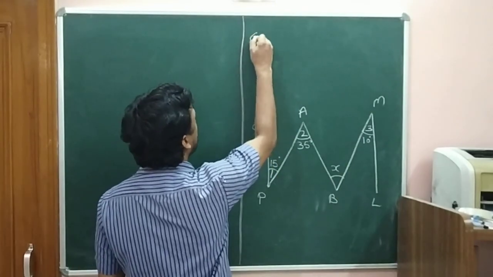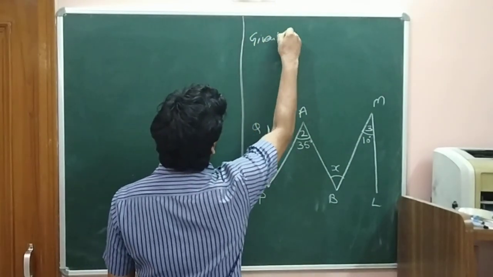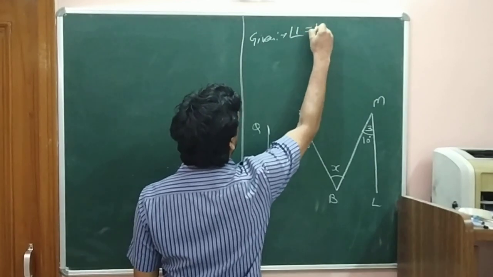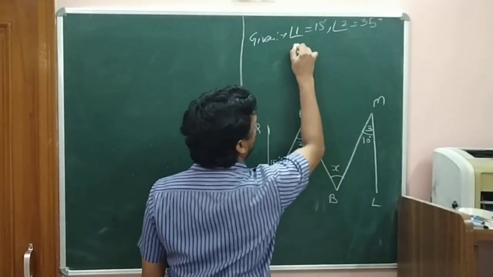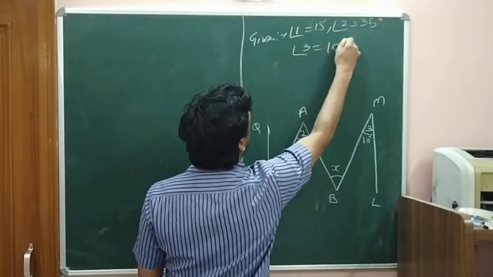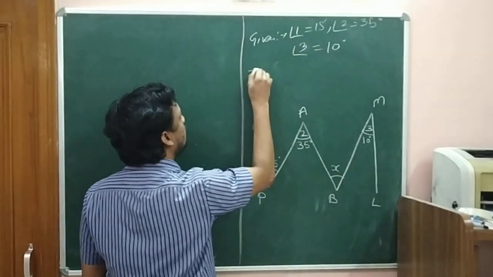Now, given. It is given that angle 1 equals 15 degree, angle 2 equals 35 degree, and angle 3 equals 10 degree.